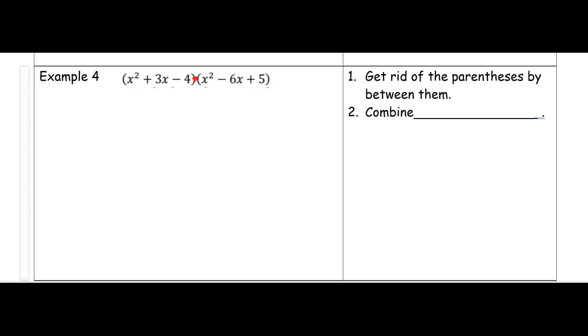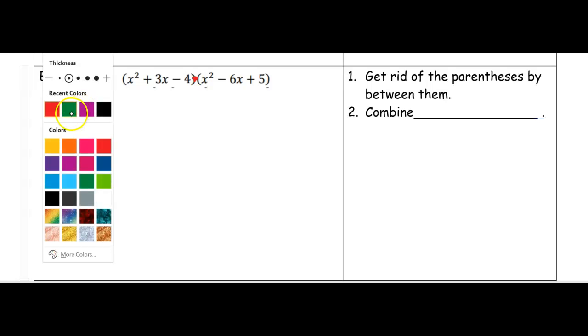If you have two parentheses times each other, we're going to multiply between the two parentheses. It means we're going to do distribution, but between the two parentheses. So you're going to use everybody in the first parenthesis times everybody in the second parenthesis. We have done this before with two terms in each of the parentheses, so this is very similar to that. So let's do it.